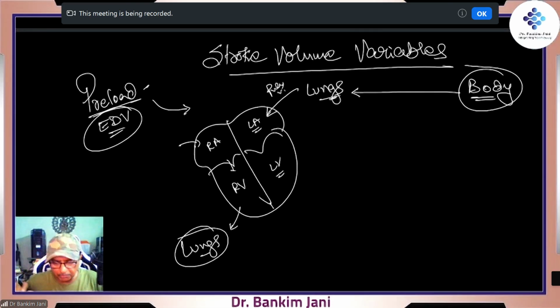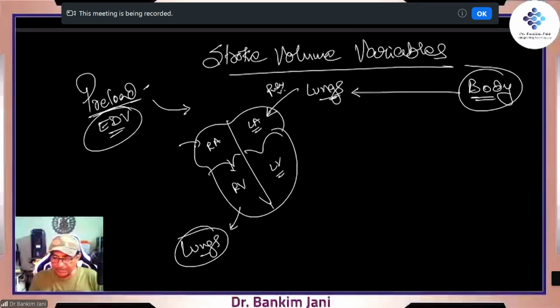Blood is not getting pooled into the right atrium or right ventricle, left atrium or left ventricle, unless the heart fails. We'll talk about it. But right now we are considering that the heart is healthy. So it is the body where the blood will be pooled, and that is where venous return comes in.